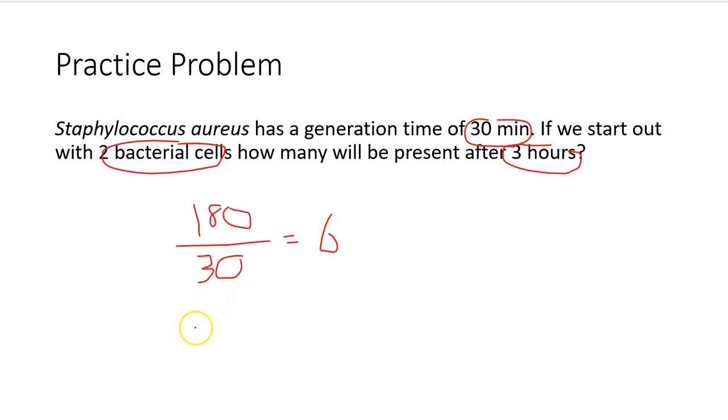Then we take 2, remember always 2, it never changes because bacterial cells always double, and we raise it to the power of 6, which is what we got here, and that is going to give us 64. And then the last thing we need to do is take 64 and multiply that by the number of original cells, which was just 2, and that's going to give us 128 cells, which is our final answer.